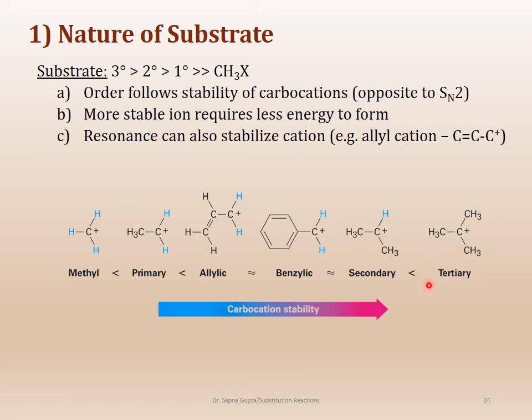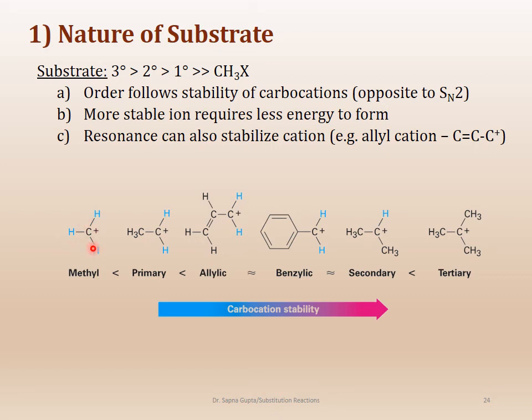Let's see over here where we have the carbocation stability chart. In the tertiary carbocation, you have 3 methyl groups, all of which are stabilizing the carbocation. Alkyl groups are considered to be electron donating groups, so there is an inductive effect going on. Because of this electron donation, the carbocation is stabilized, which does not happen in the methyl cation because hydrogens are not electron rich, so they cannot give any electrons.